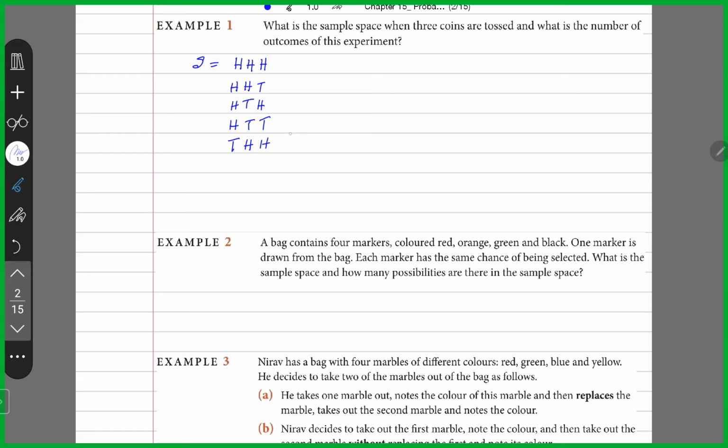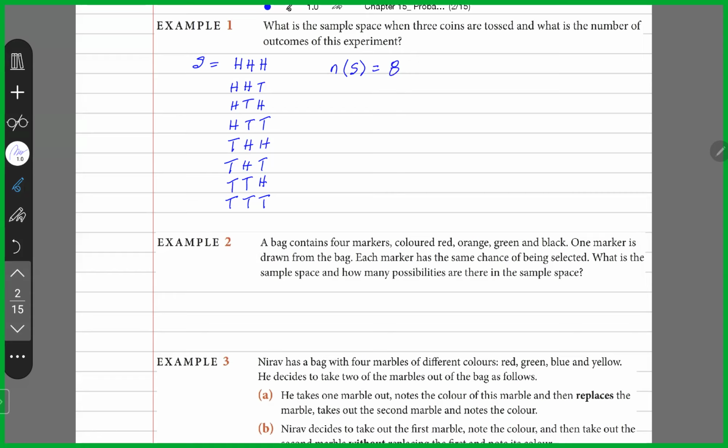Then I have tail, head, tail. I could get tail, tail, head, and tail, tail, tail. And so the number of possible outcomes in the sample space is 8.